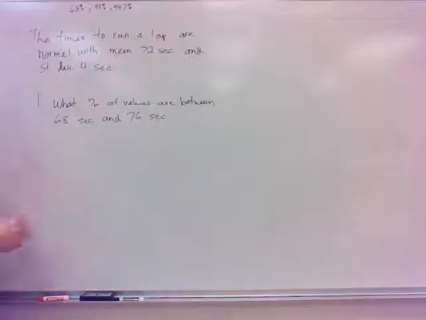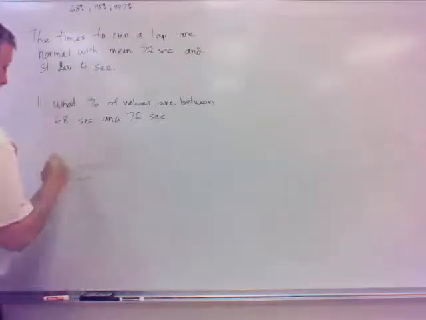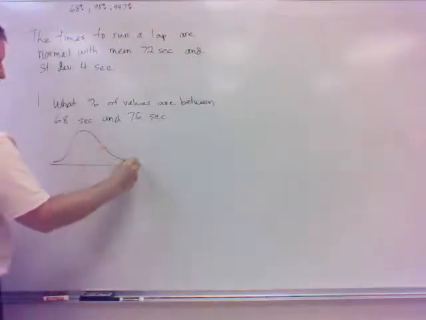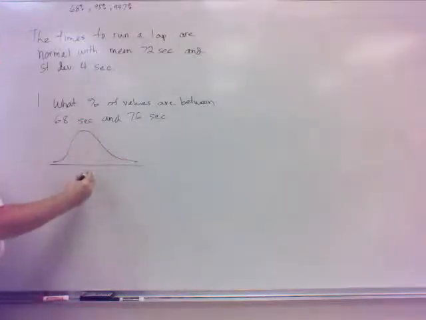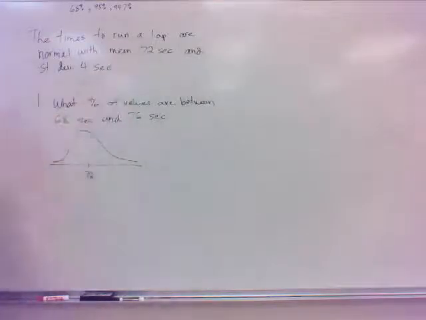Well, if nothing else, you can draw the picture. If you don't get anything else right on this problem, you can draw this picture, right? It's a normal curve, so we draw a bell shape. What goes in the middle? 72, because it's the mean. 68 is on this side of the mean, so I put 68 over here, and then 76.